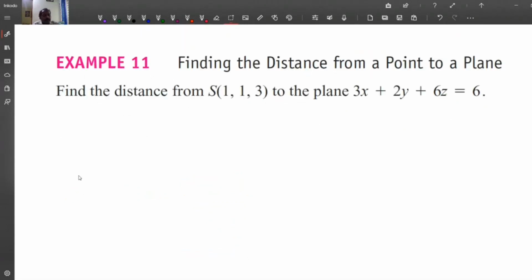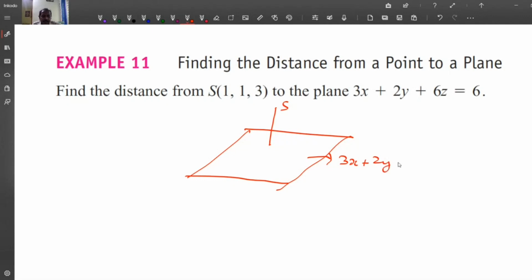Now we do a problem. You have a plane, you have a point S, and you have to find the distance of the point S to the plane. The equation of the plane is 3x plus 2y plus 6z equal to 6.